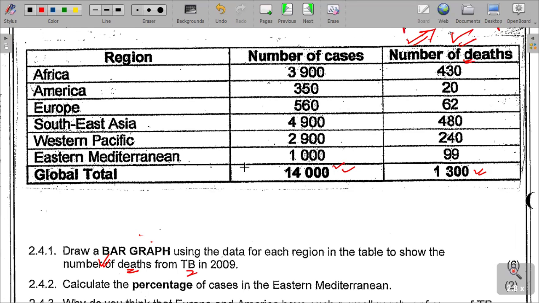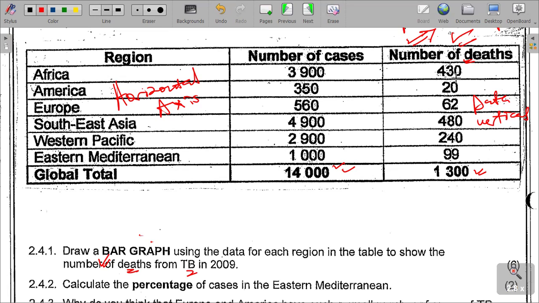Let me show you what we should do before we go anywhere. When we are drawing a graph, we must consider our vertical and horizontal axis. Data is going to be on the vertical axis, and regions on the horizontal axis. On the vertical axis we consider the highest and the lowest.